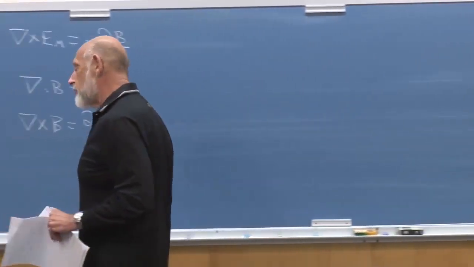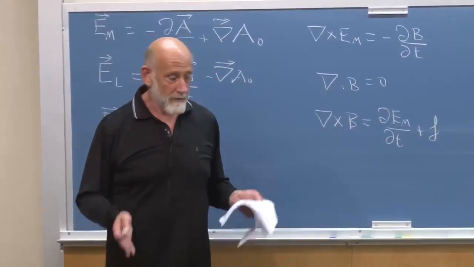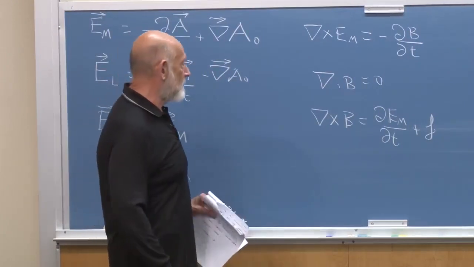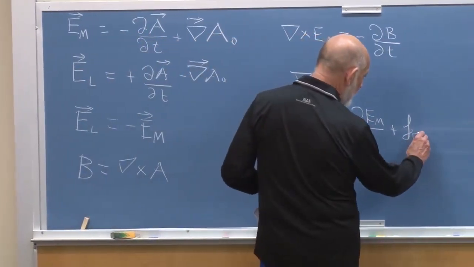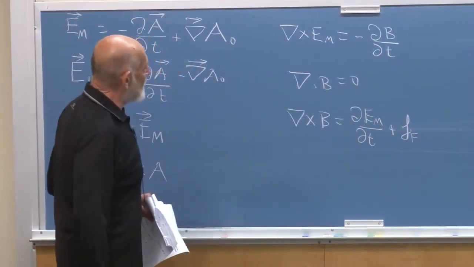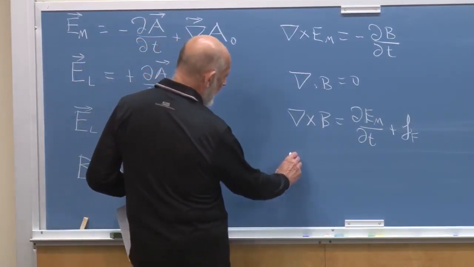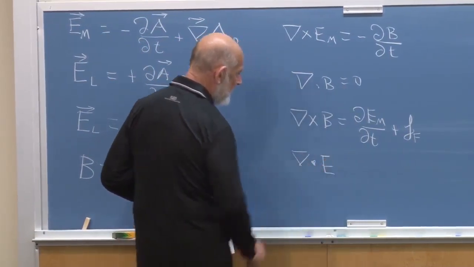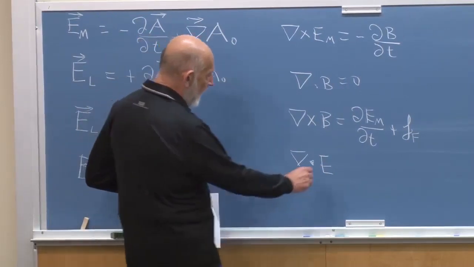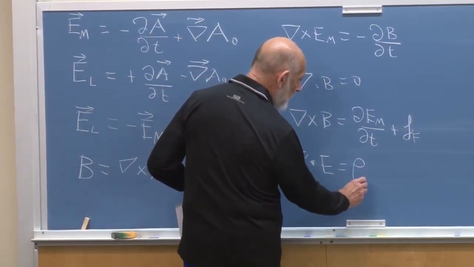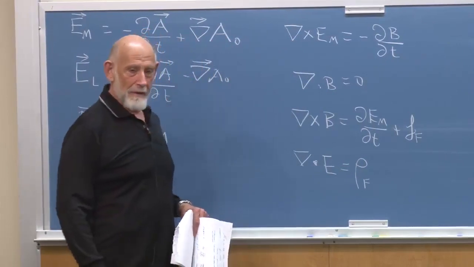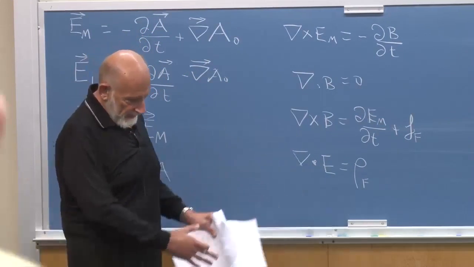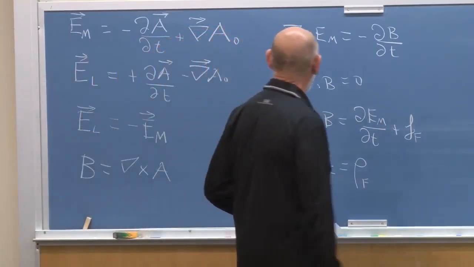So with Franklin's definition of J and rho, current and charge density, in which the electron carries a negative charge, we would put here Franklin's definition of J, and we would also write down del dot E, the divergence of the electric field, is the charge density, but with Franklin's notation for charge. All right? Currents through wires being carried by electrons are negative.